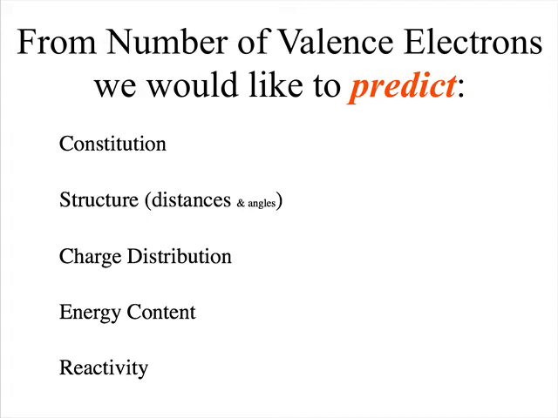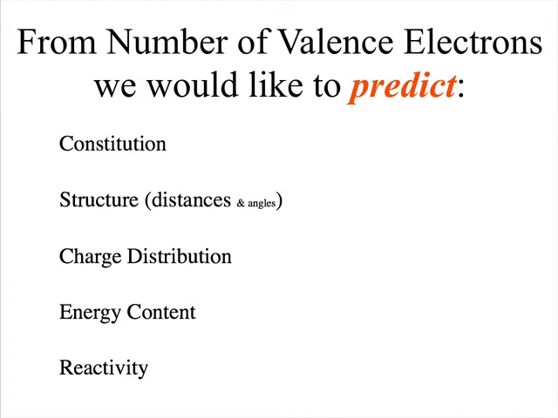When we take a molecular formula and try to draw a Lewis structure for it, the first step is to add up the valence electrons for all the atoms involved and use those as a bookkeeping method so that we can keep track of how many bonds we can have, how many lone pairs we can have, etc. So ideally, from the number of valence electrons, something very simple, easy to understand, easy to calculate, we would like to predict, first of all, constitution.